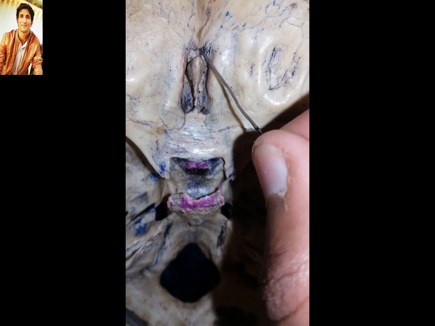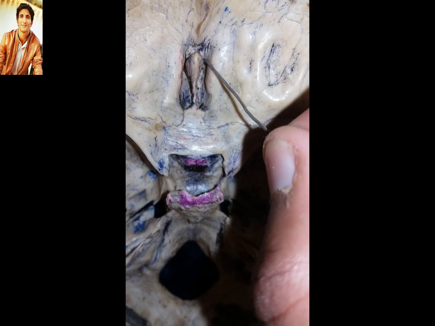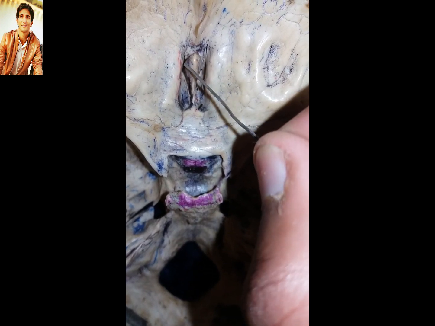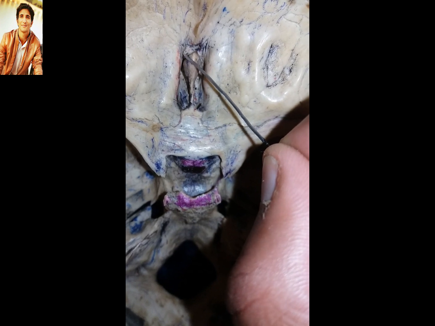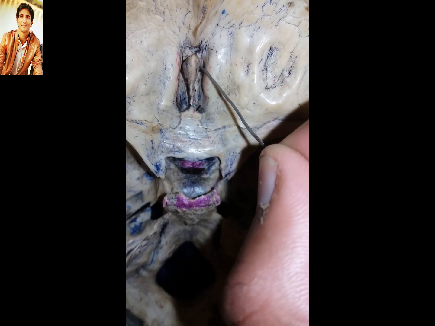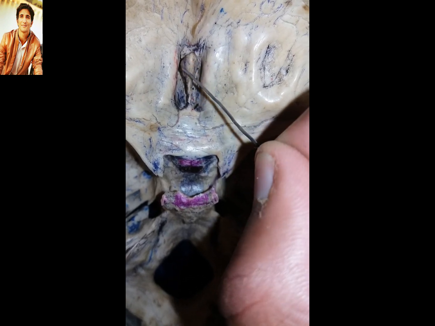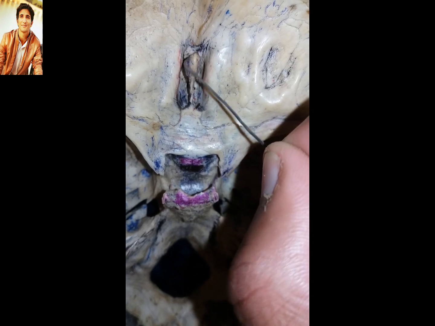Immediately posterior to the foramen cecum, a thick median ridge of bone projects superiorly from the ethmoid bone. This is known as the crista galli. The crista galli is also essential for the attachment of the falx cerebri.